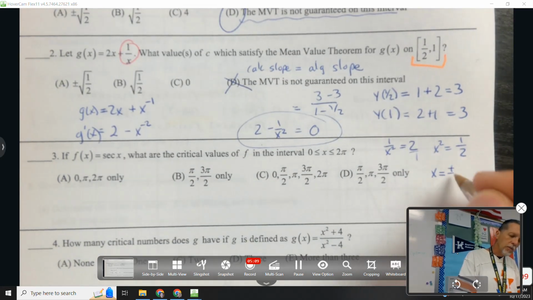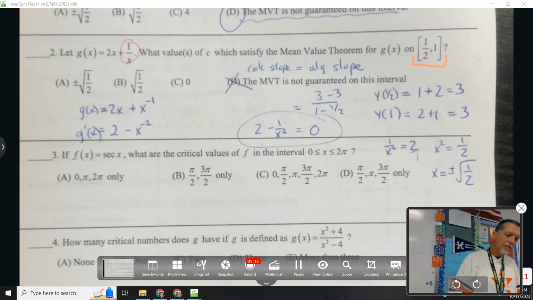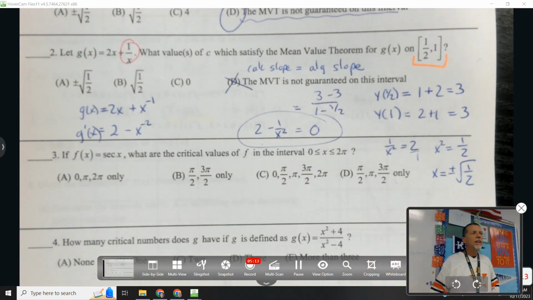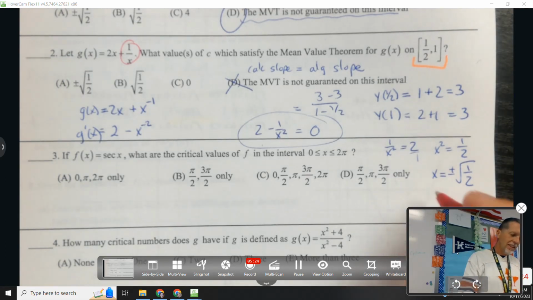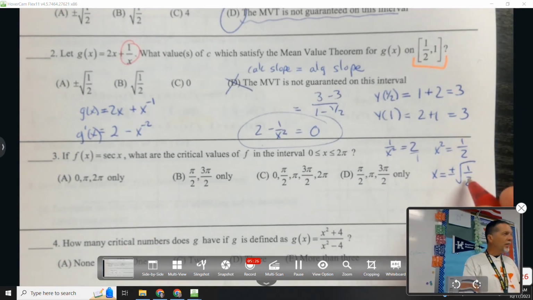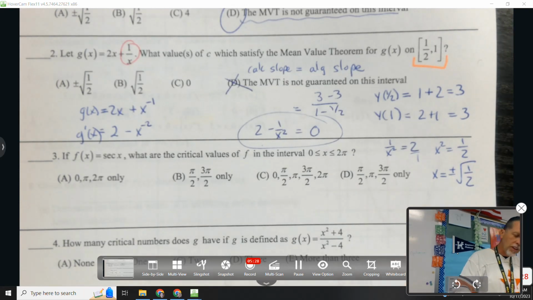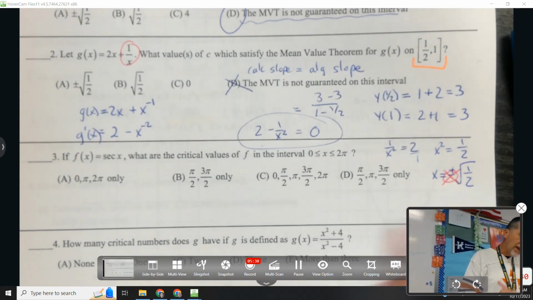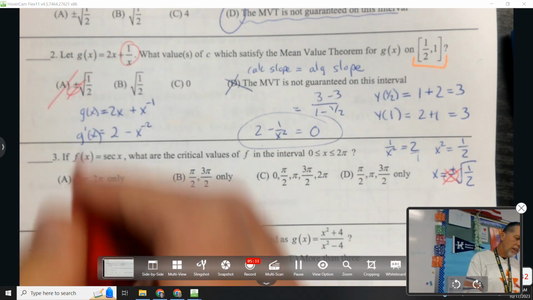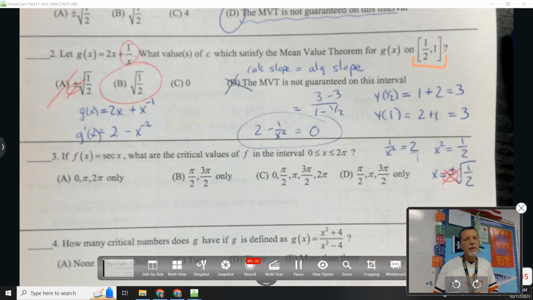So x equals plus or minus the square root of 1/2, which is what answer choice A says. But why is that not right? Right, the negative one is not in the range, so I can't use the negative one. So it's answer choice B.